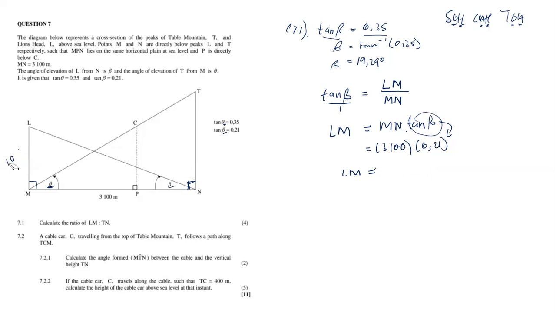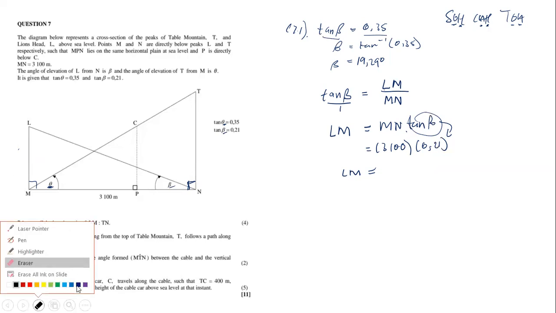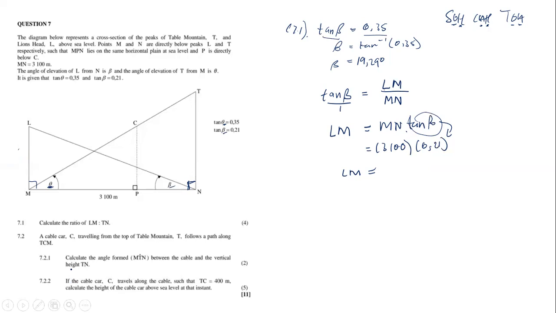Let's not mix them up for the sake of getting good grades. So we're going to say 3,100 multiplied by 0.21. It's going to be 651 meters. So here it's 651 meters.